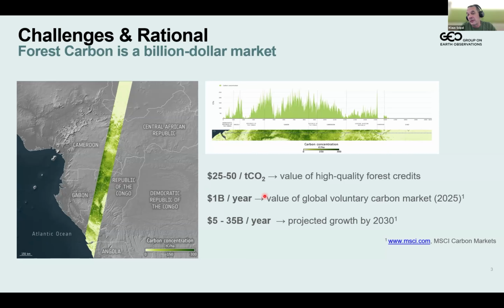We estimate that the value today of high quality forest credits is between $25 and $50 per ton of carbon. So last year, the total market value was about $1 billion, and this is predicted to grow to $5 to $35 billion. Of course, there's a large uncertainty in these numbers, but these are actually conservative estimates that are published by major investment banks, for example.